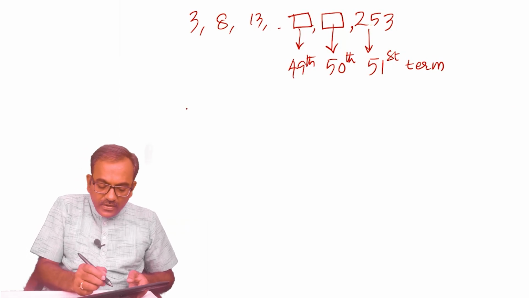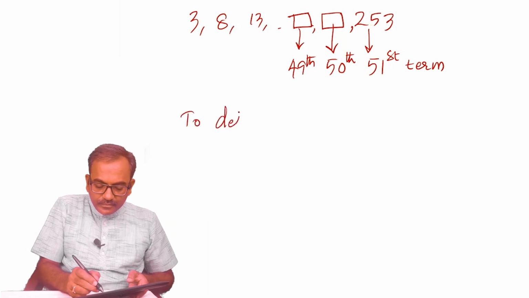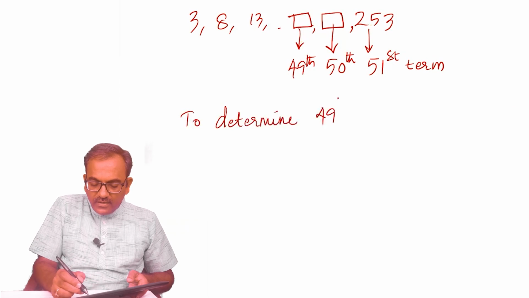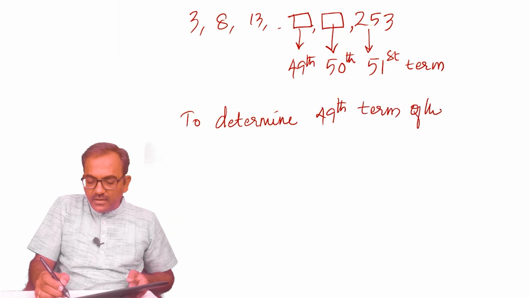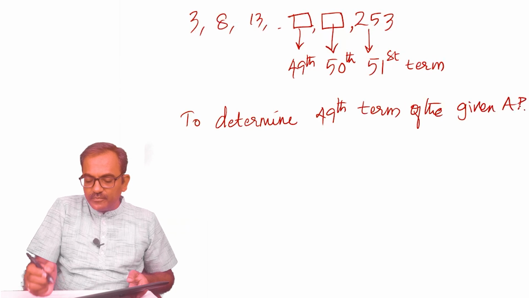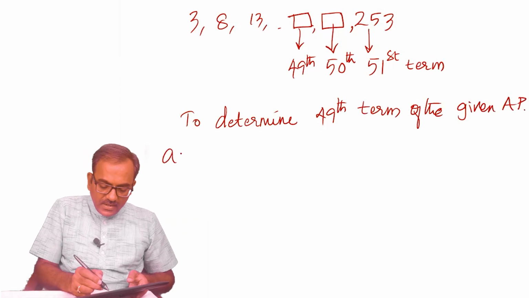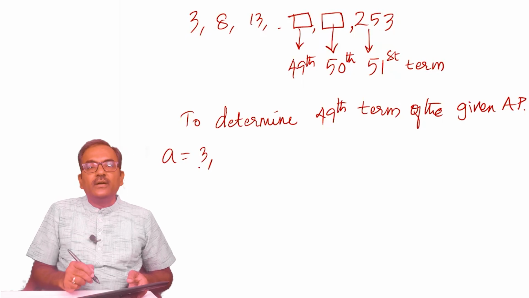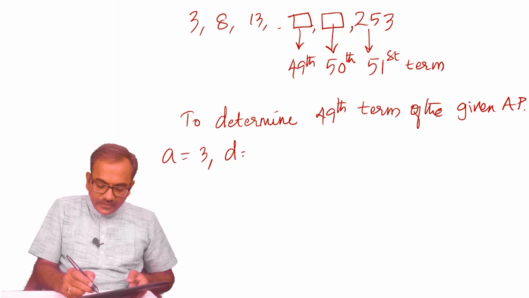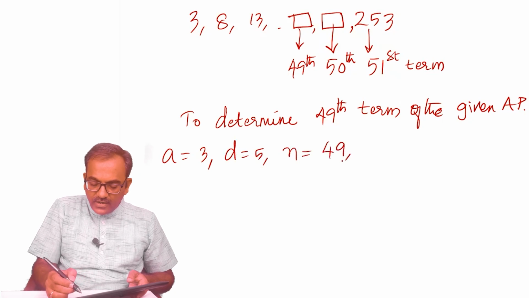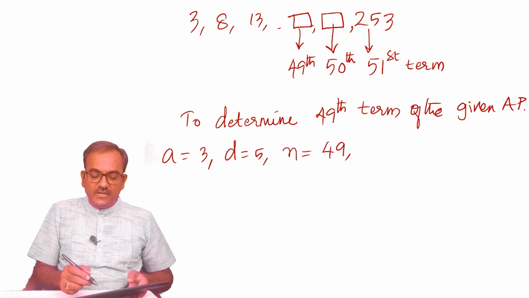So I need to determine the 49th term of the given AP, correct? Here the AP is which? A is equal to 3, D is equal to 5, n is equal to 49. Let me try this.